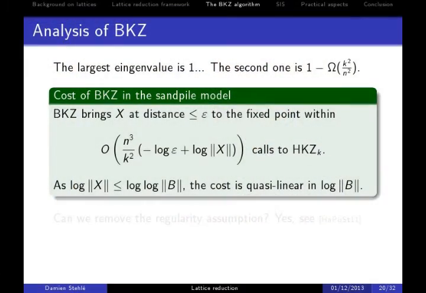Okay, and so if you remember what A is about, the largest eigenvalue of A transpose A is 1, because A is doing successive averages. So if you have a constant x, applying A to x doesn't change x. So we are looking at the next largest eigenvalue, and the next largest eigenvalue is somewhat far from 1. It means that every k squared over n squared tours, the distance to the fixed point is decreased by a factor 2.